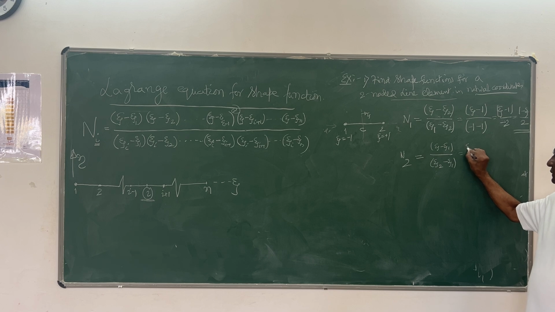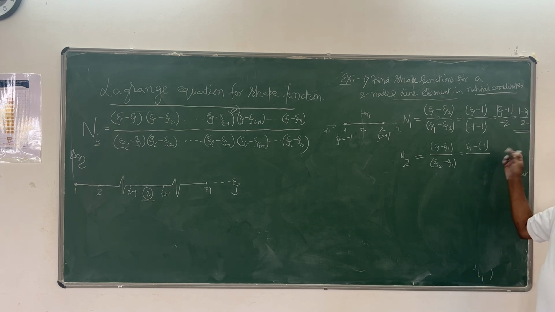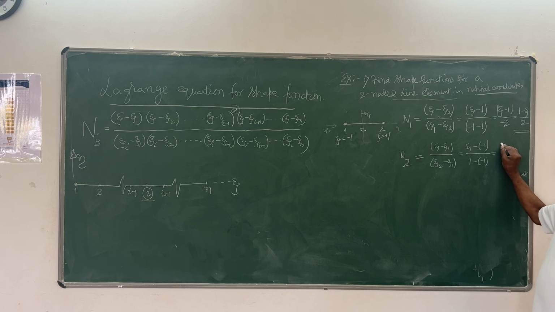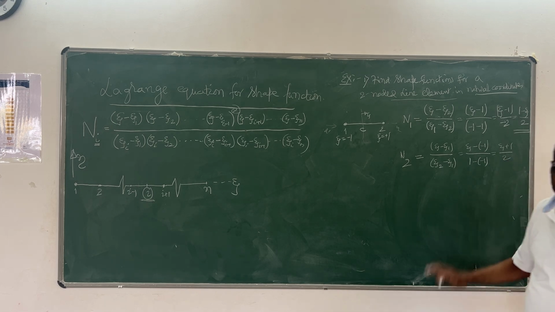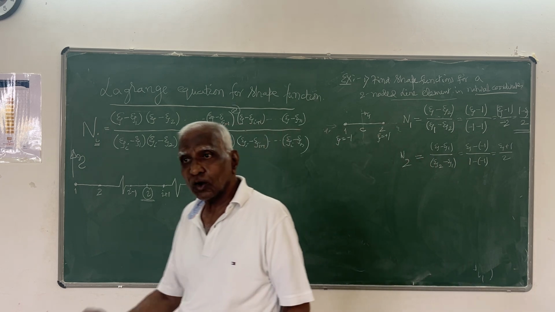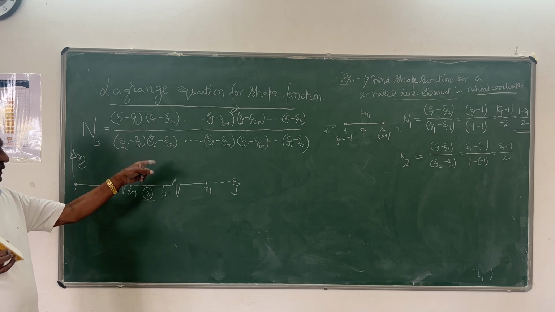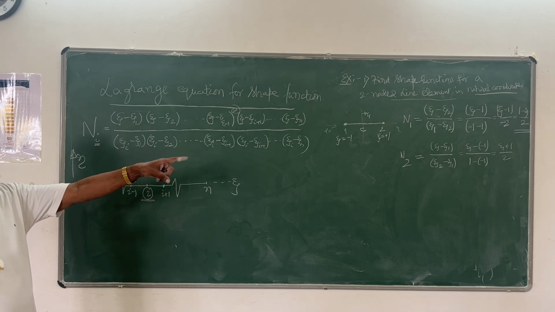So it is psi minus of minus 1, divided by psi 2, 1, minus of minus 1. So this will be psi plus 1 divided by 2, 1 plus psi by 2. See how simple it is. This is called the Lagrange equation for finding the shape function.